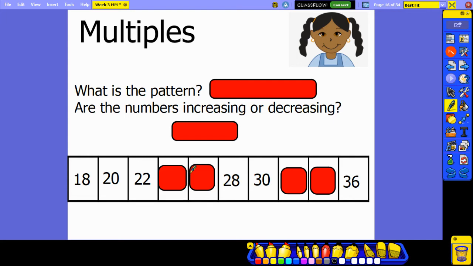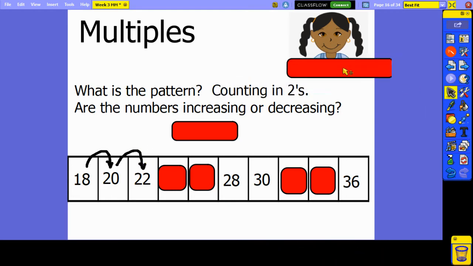I've got an 8 and a 2. Let's have a think. 18, 20, 22. They could be counting in 2s. 2 more than 18 is 20 and 2 more than 20 is 22. This pattern is counting in 2s.